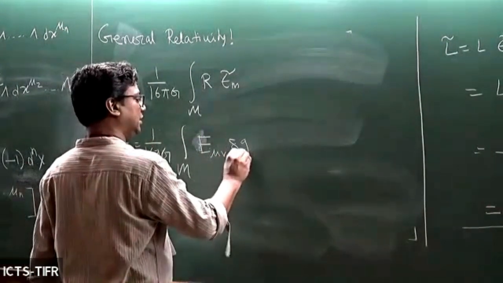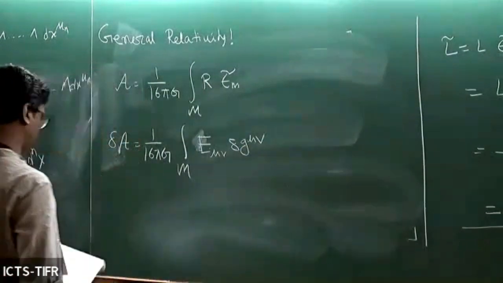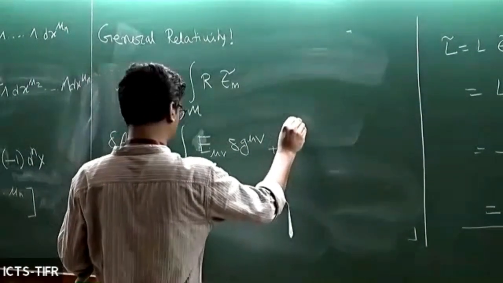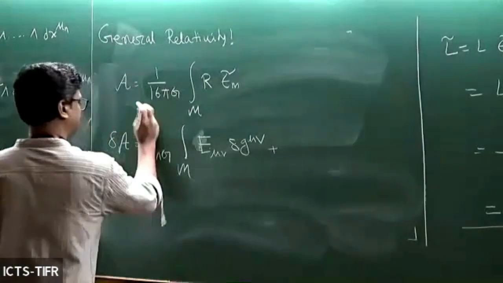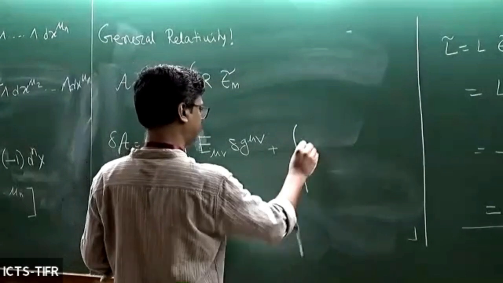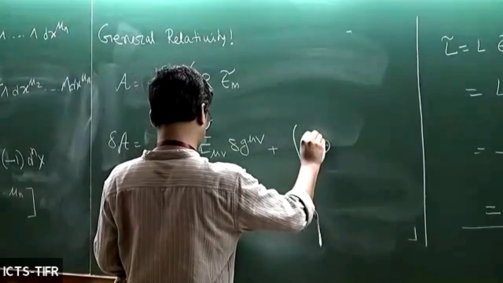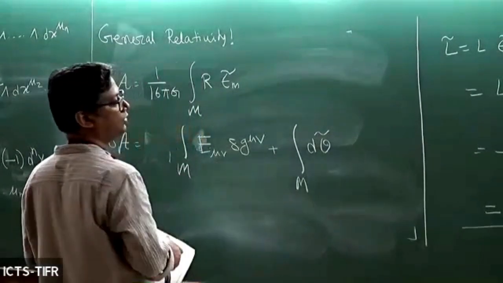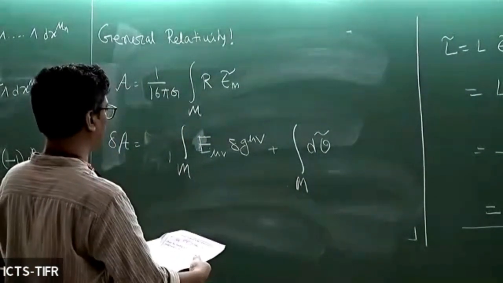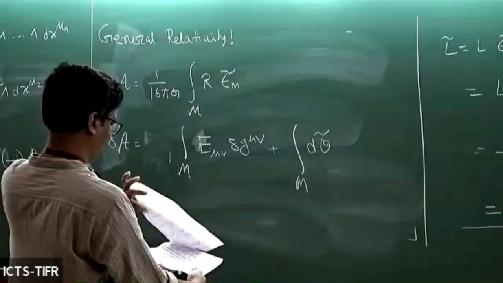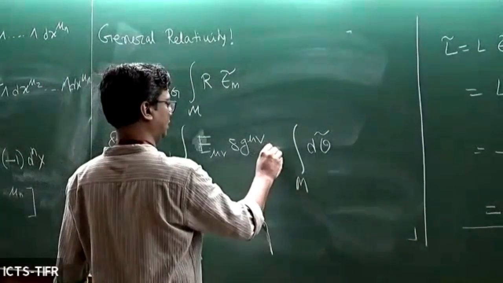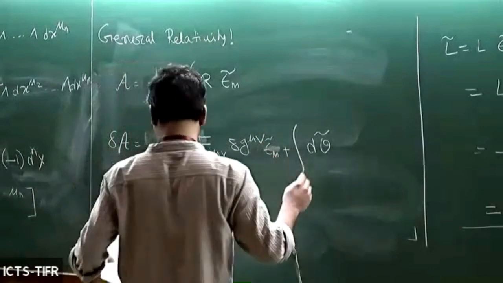Delta G mu nu, and then I have 1 by 16 pi G. This I'll put into E, into delta phi tilde, and here there is a volume form.